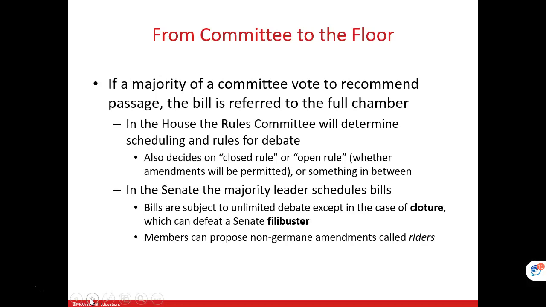This is the way that pork, remember we talked about pork barrel, this is the way that pork makes its way into bills. This is how you get in odd little money for your district. This is how you get money for a bridge to nowhere. You just add it in there.